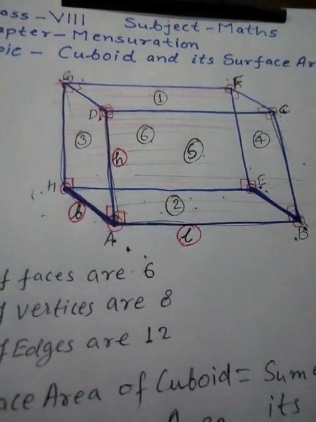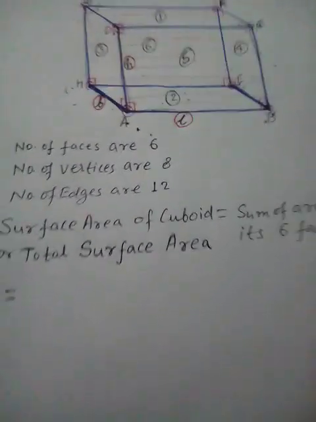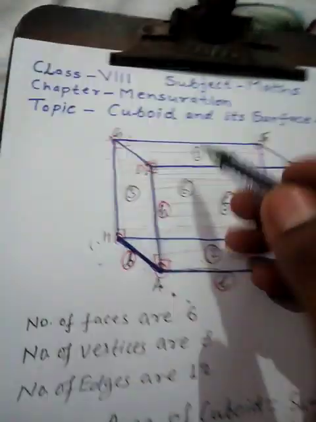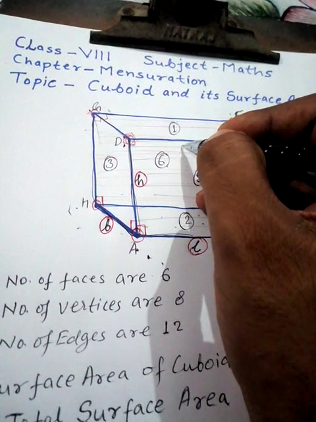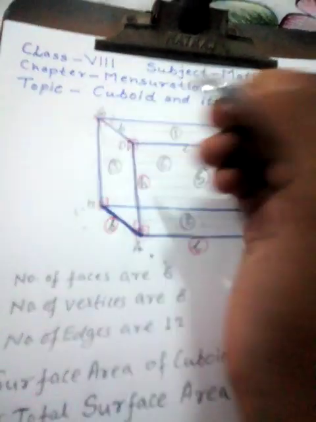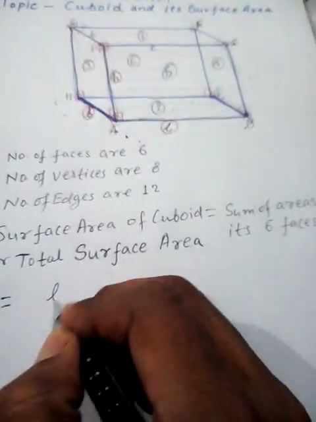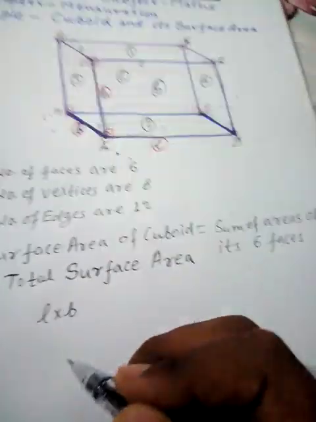So the area of this rectangular face number 1 is L into B, length into breadth.